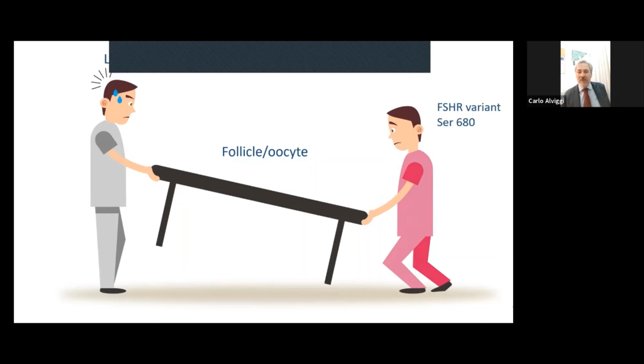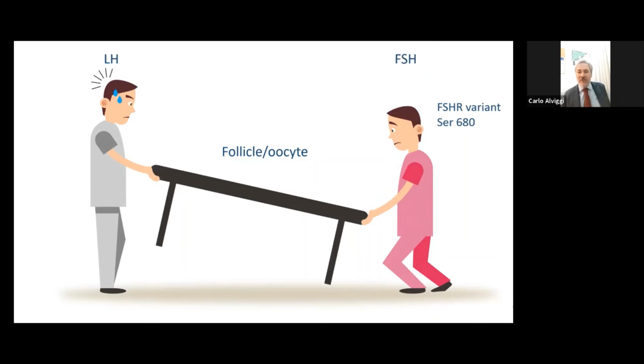If the LH system is weak, meaning that the patient is above 35, for instance, meaning that the androgens are lower, or some polymorphism is there, you need more FSH for having the same effect, or you need to add LH. So if you can go to the next slide. Next slide.